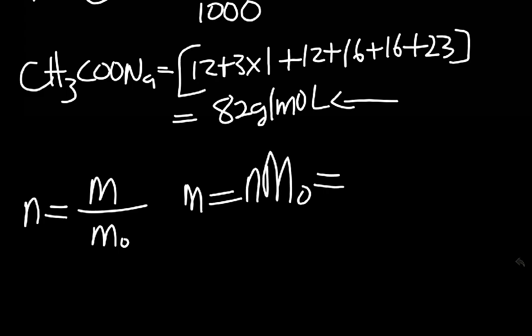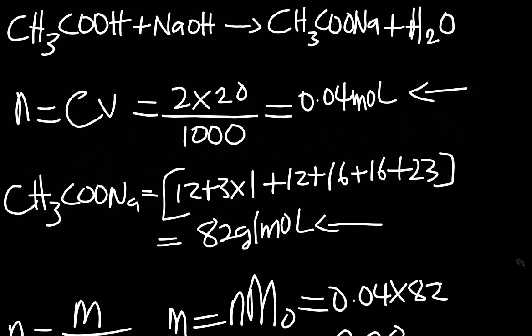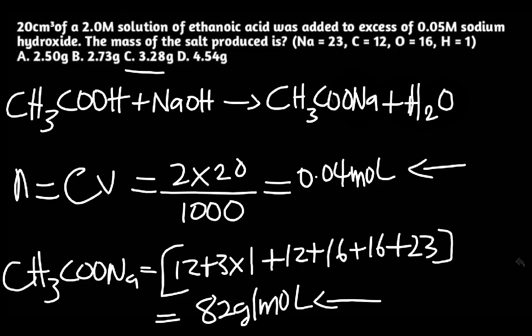So our mole we solved just now is 0.04 times the molar mass we solved again, we got 82 grams per mole. So I'm just going to say 82, and if you punch these together you get 3.28. That's what I'm getting in my calculator here, 3.28. Now let's go back to our options and check. You could see that option C is the correct option, 3.28.